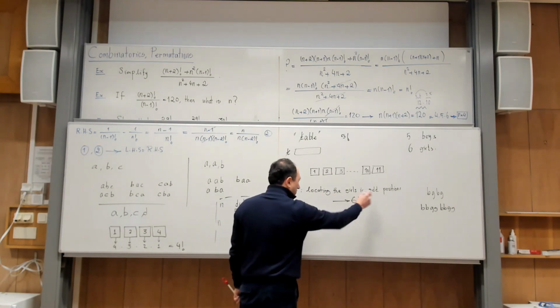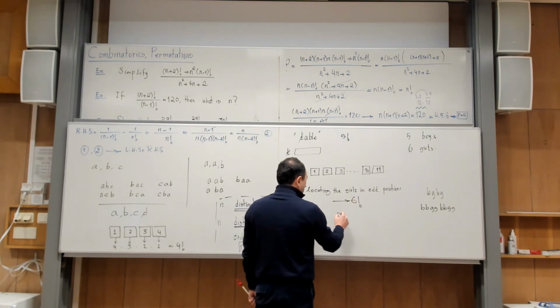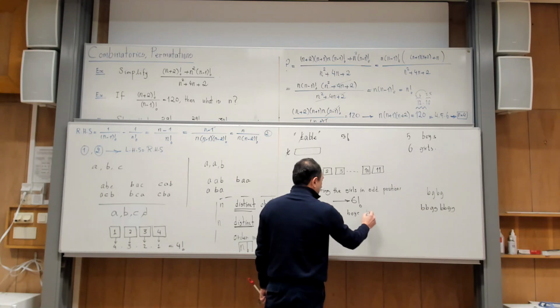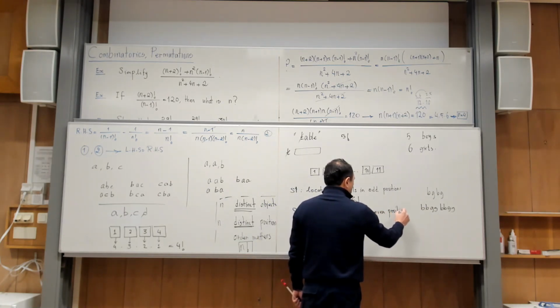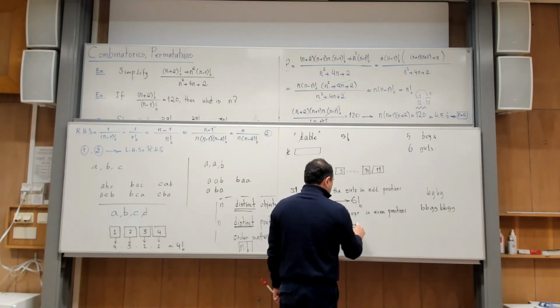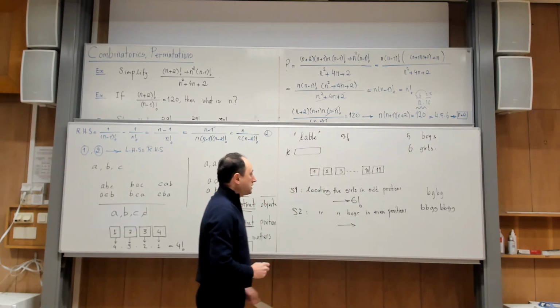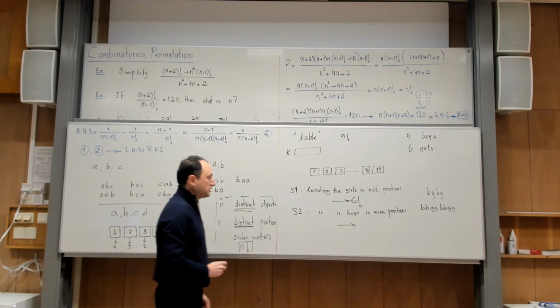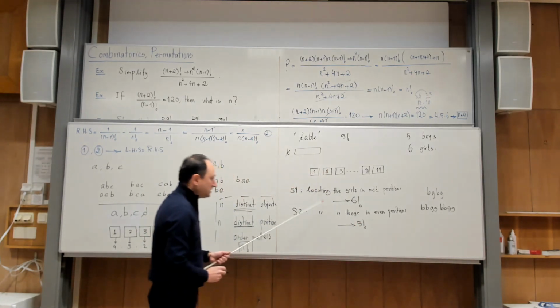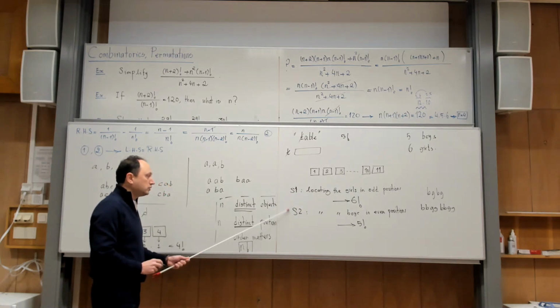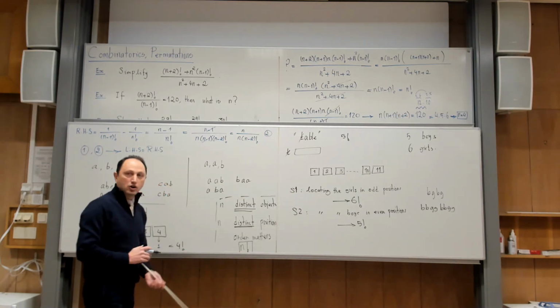So you can write it yourself: locating the boys in even positions. How many objects now? I have 5 objects. How many distinct positions? 5. The whole task is accomplished after these stages are done.